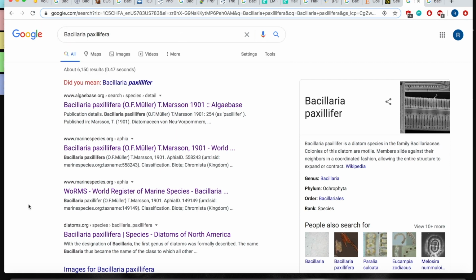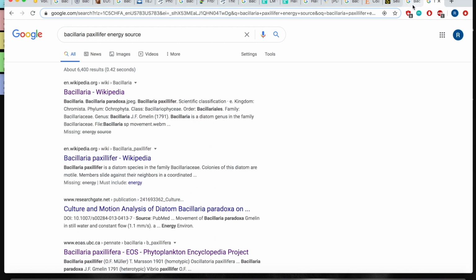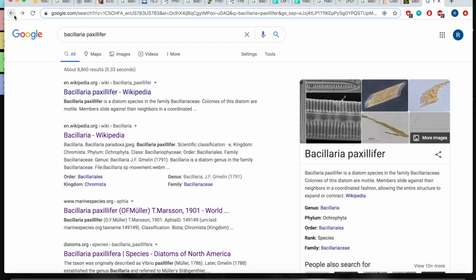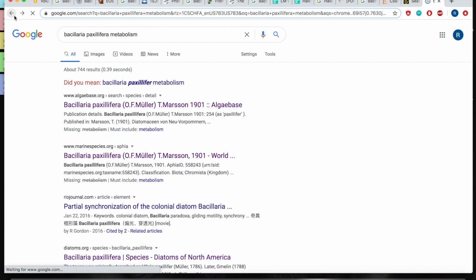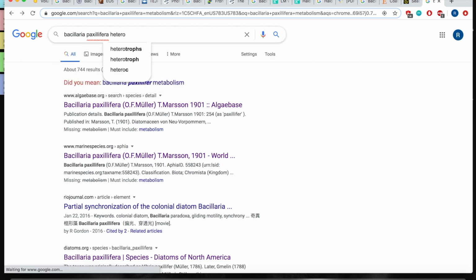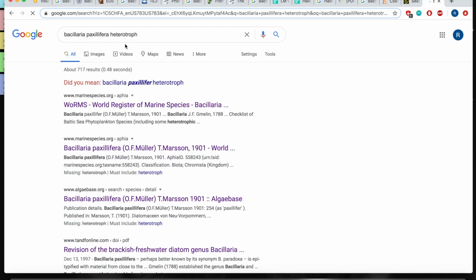So for metabolism, I tried several different search parameters. I tried energy source, I tried metabolism. Sometimes I put just the word I'm looking for, like I try heterotroph to see if it comes up in an article, if they come up together. That didn't work out.